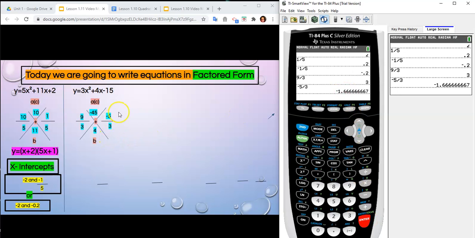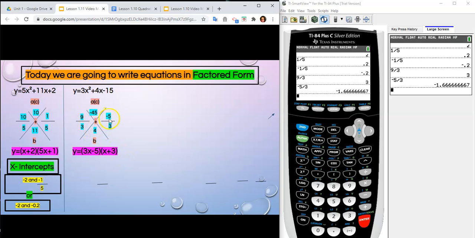Since this is equal to a decimal number, I'll just leave it written as it is. But here, 9 is a whole number, so I'll change that. So my factors would look like y equals 3x minus 5 and x plus 3, where this x plus 3 comes from this right here, because 9 divided by 3 gives us just this 3.